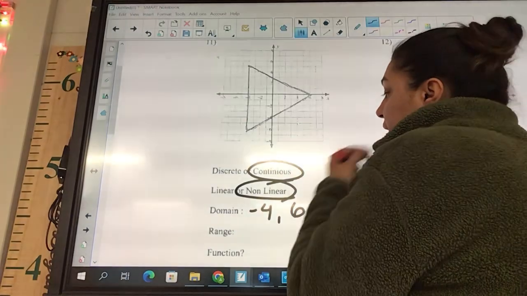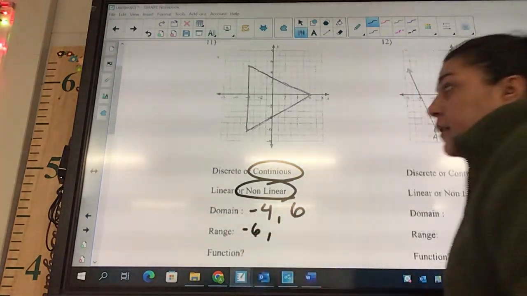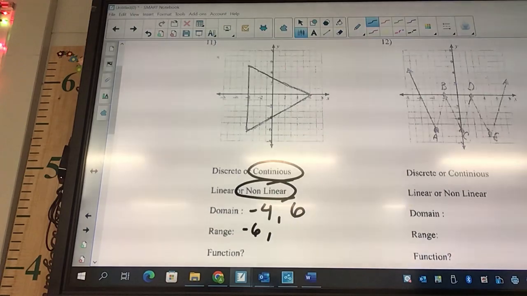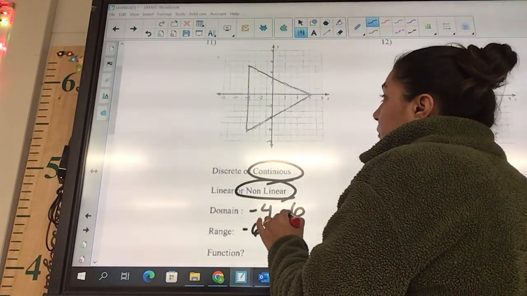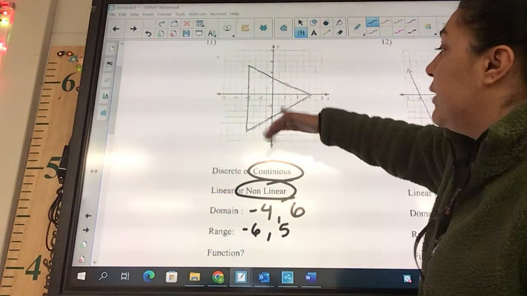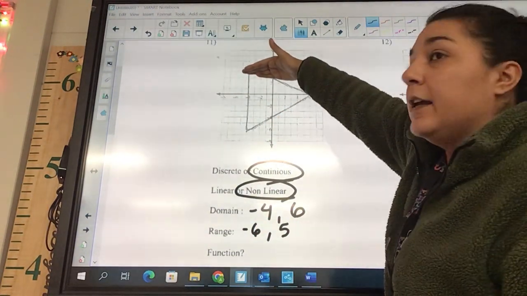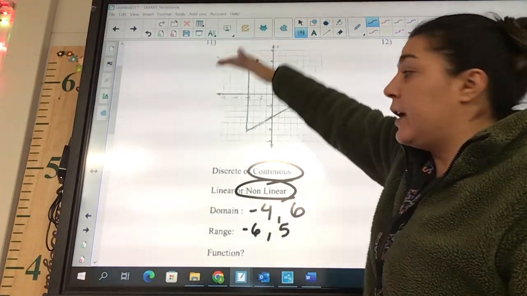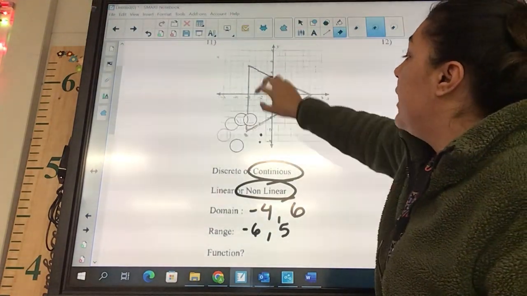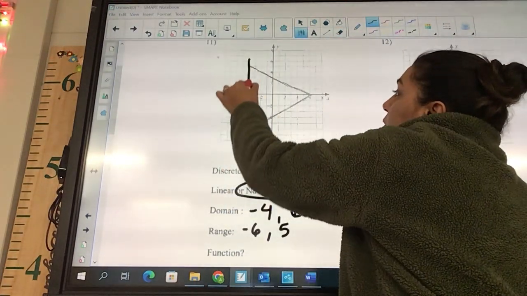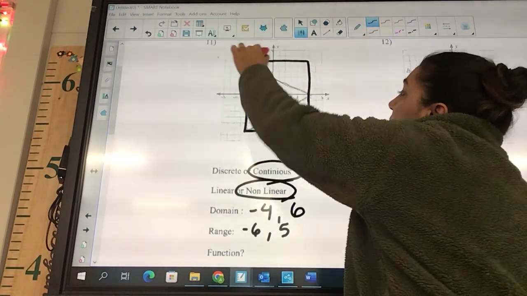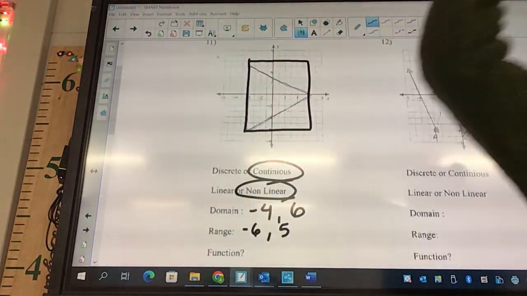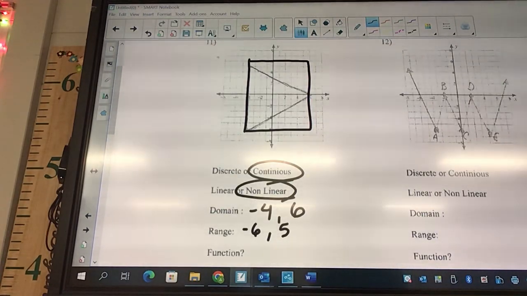It's going to be -6, and it goes up to what? 5. Some of you are stopping when it touches that line. It's to the top of the picture, whatever it is, and to the bottom of the picture. You could even draw a little box around your picture, and that lets you know that the picture goes from here to here and here to here. It's the same way if you're measuring something at home and you need to hang up a picture.